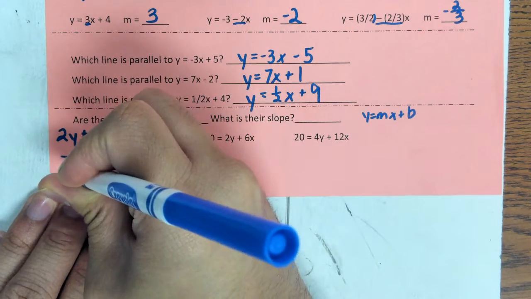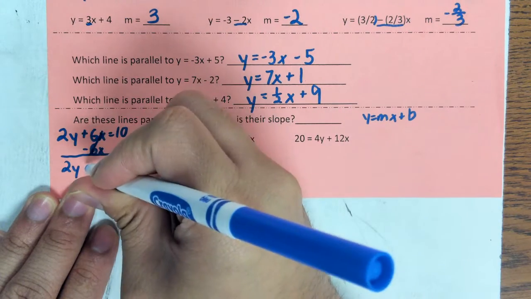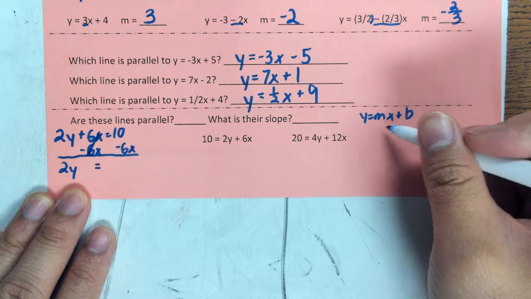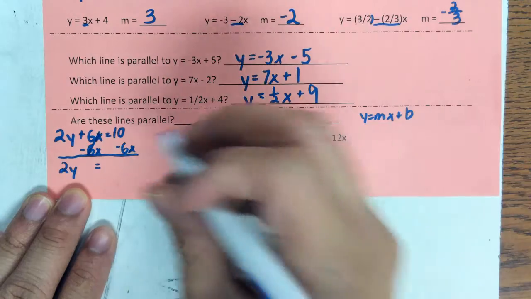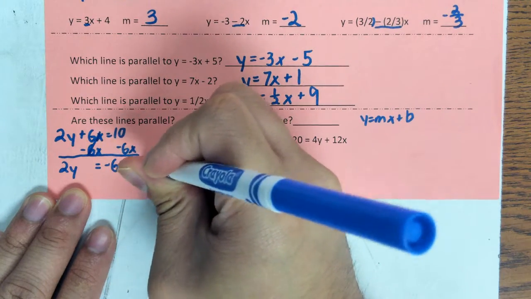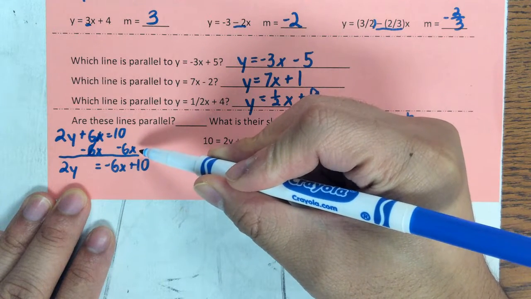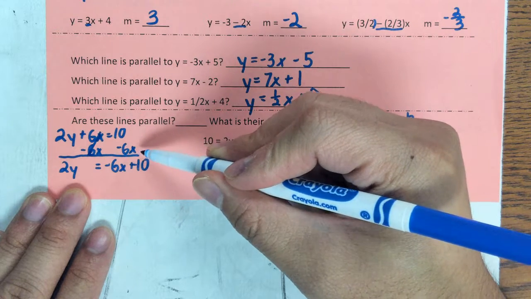On the left side, I'm left with 2y. 6x cancels out. Equals, again, we have y equals mx plus b. Normally, we write the x first. So I'm going to write the x portion first, negative 6x plus 10. I would like to stress please write down the x. That's a negative 6x.